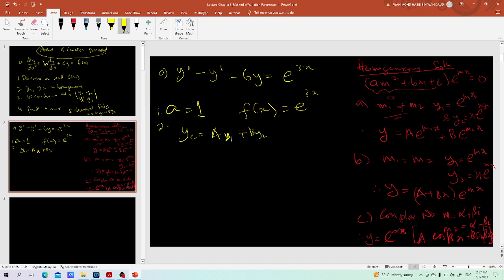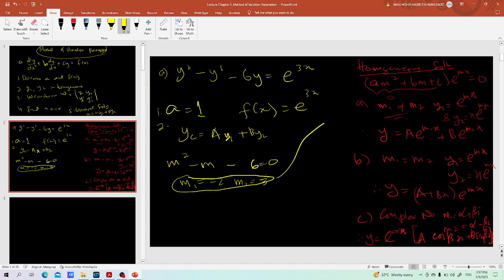And then the characteristic equation here is m square minus m minus 6 equals 0. So we have m1 equals -2, m2 equals 3. Because these are not equal, this matches the first solution.